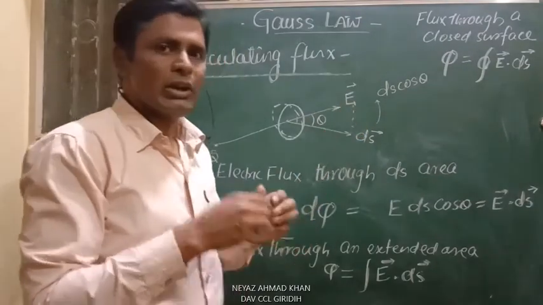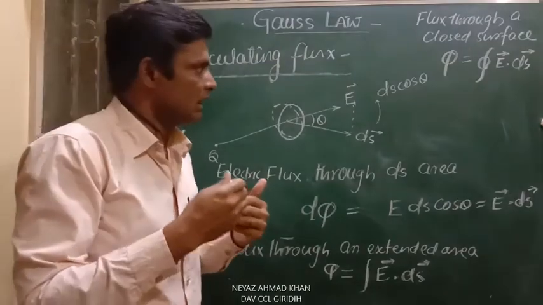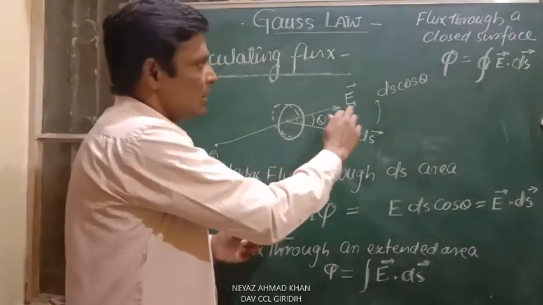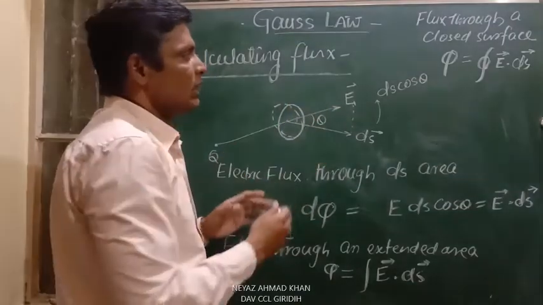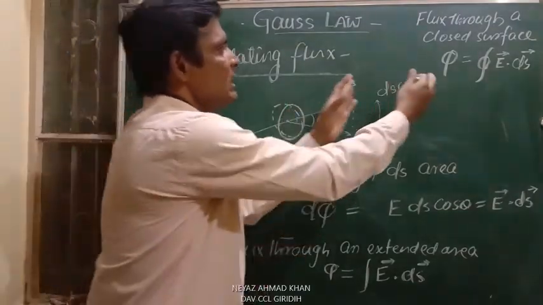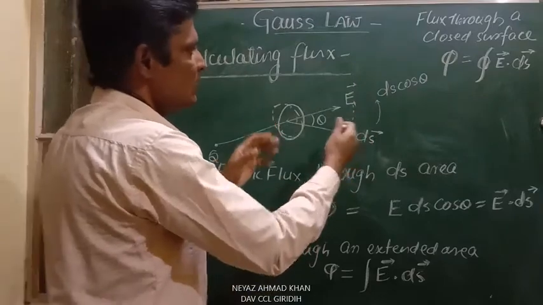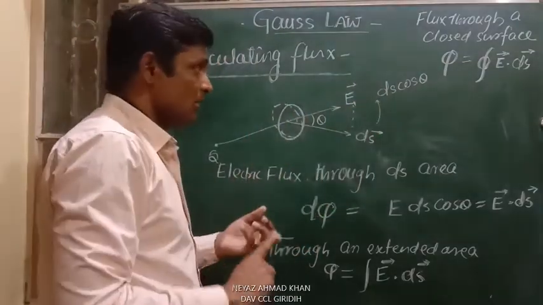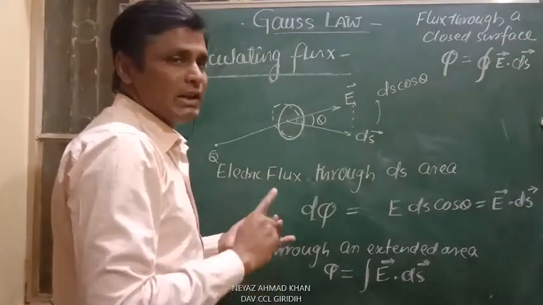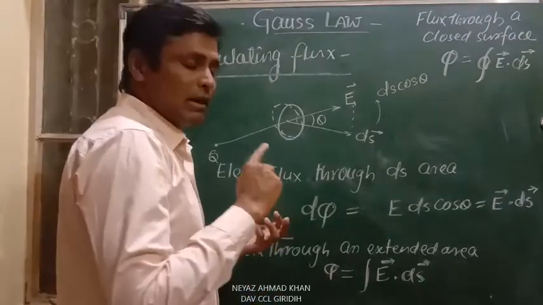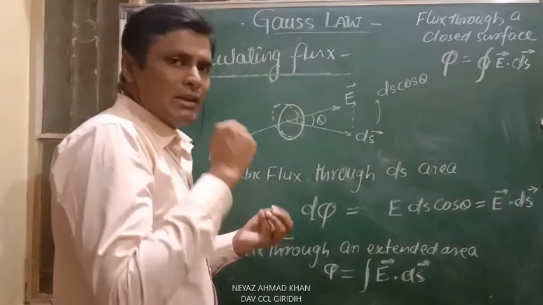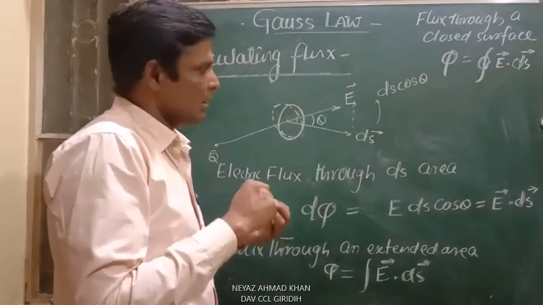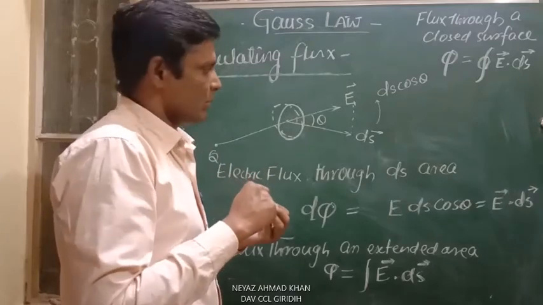So I know the amount of electric field lines at this point per unit area, that is E. Once again, remember, electric field intensity at a point is the number of electric field lines passing normally through a unit area at that point or around that point.